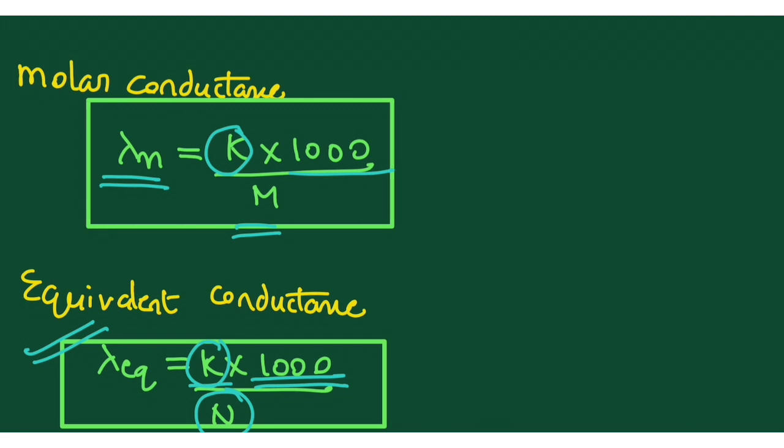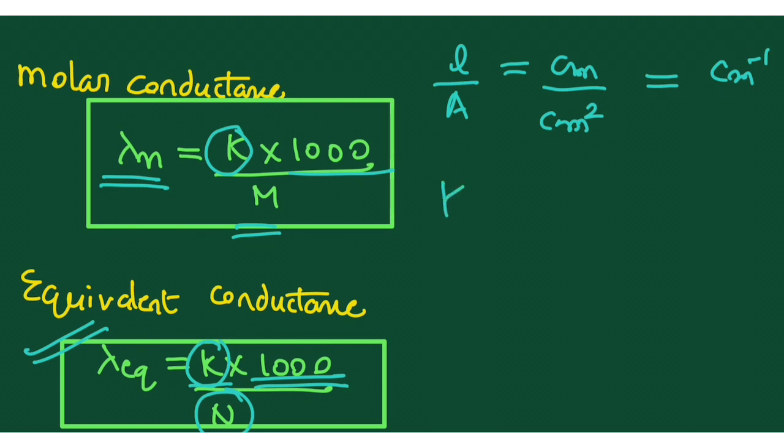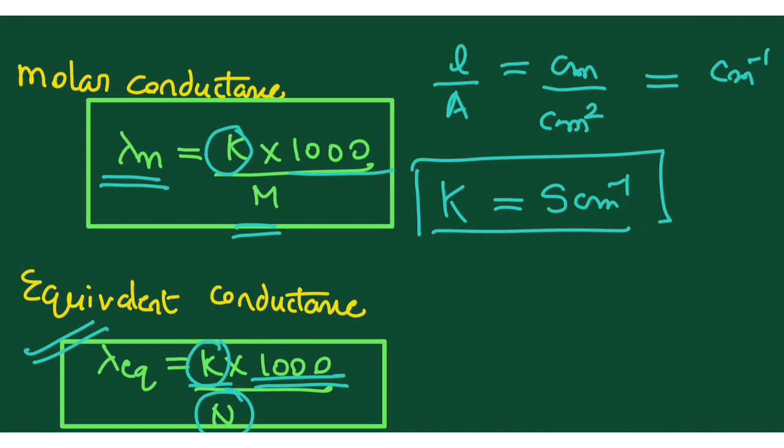Now, the unit of cell constant, L by A, is centimeter divided by centimeter square, so the unit of cell constant is centimeter inverse.